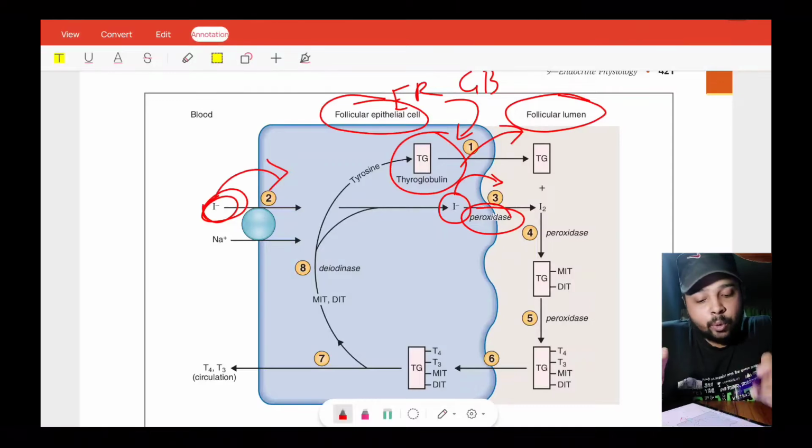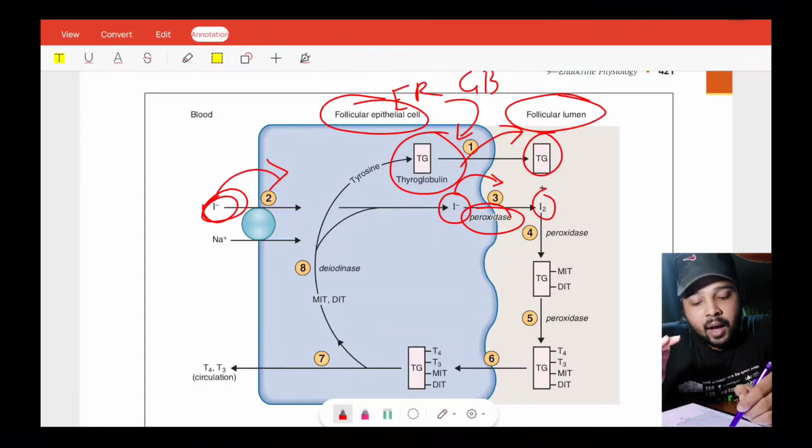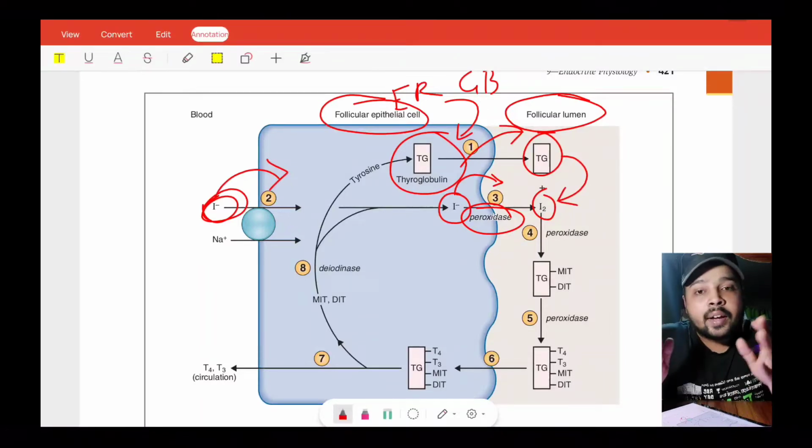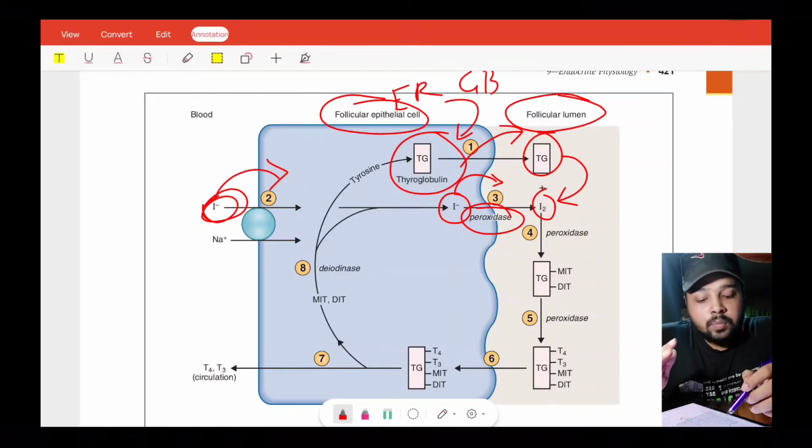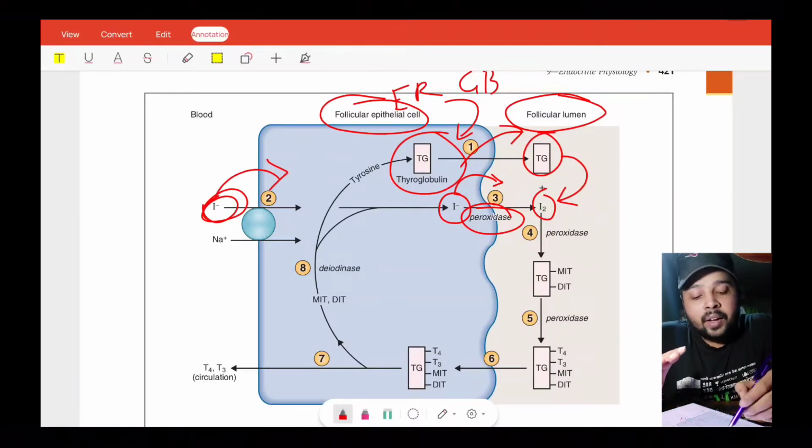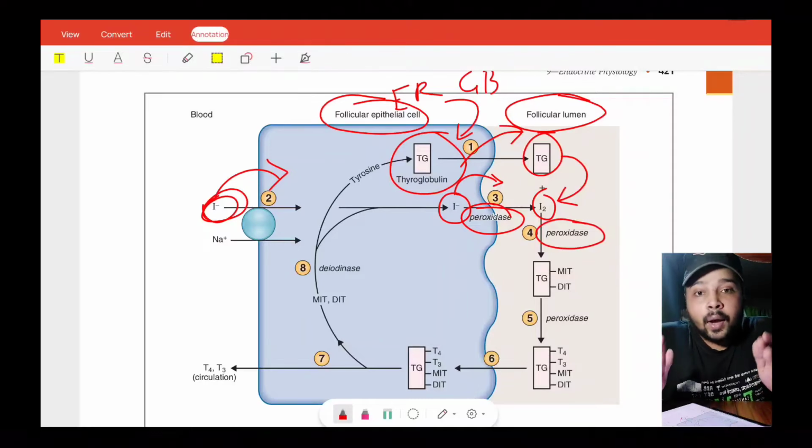Then in the fourth step, the thyroglobulin and the iodine are attached together and form MIT and DIT, monoiodotyrosine and diiodotyrosine, by the help of the enzyme thyroid peroxidase. These MIT and DIT remain attached with the thyroglobulin.